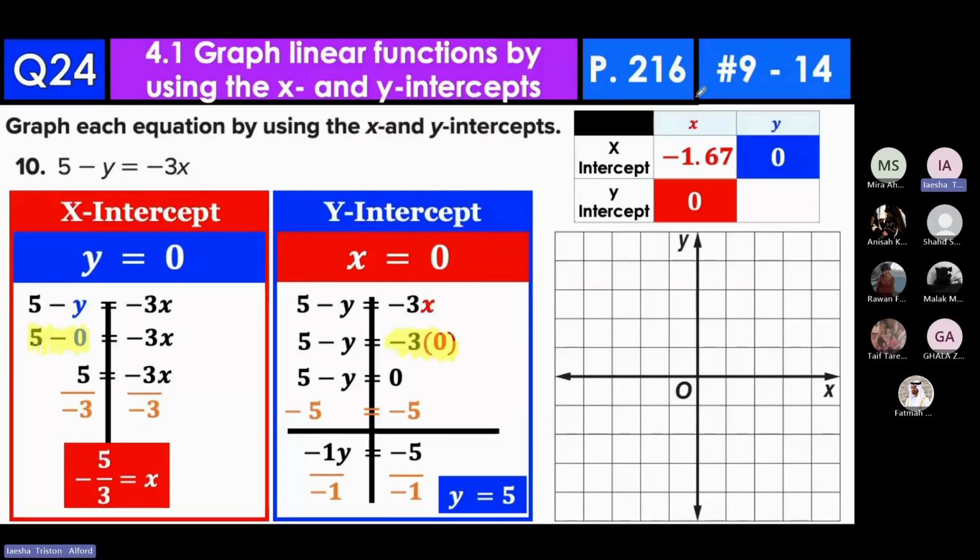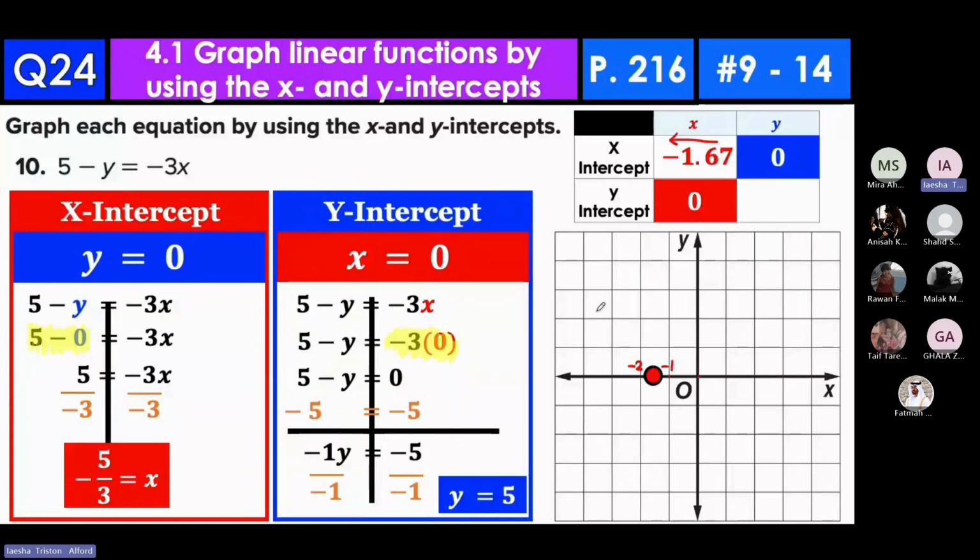Are we going to go left or go right? Left. So from 0, we're going to go left. It's between negative 1 and negative 2. So here is negative 1, and this is negative 2. So our point needs to be somewhere in between.